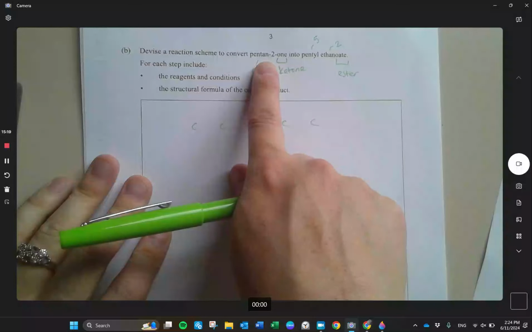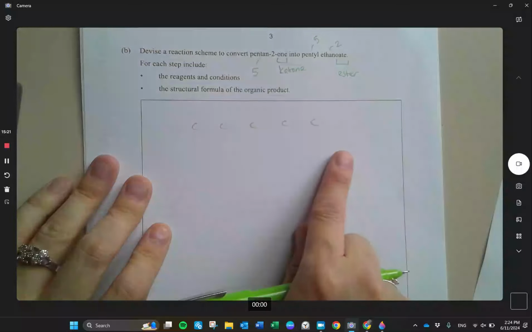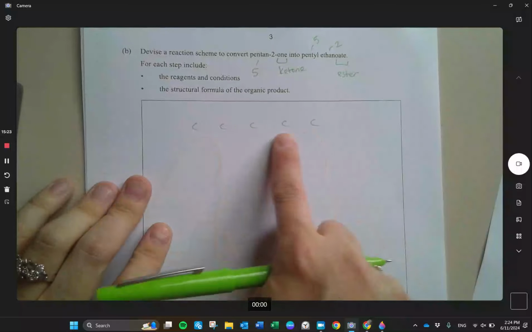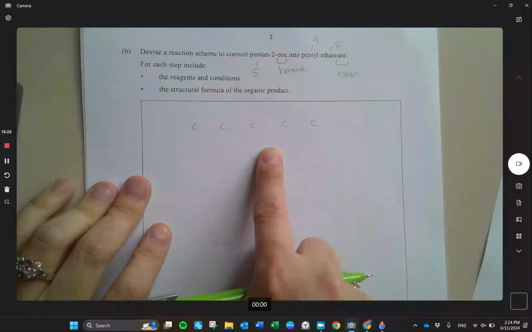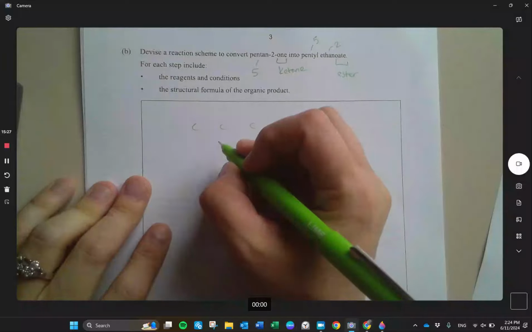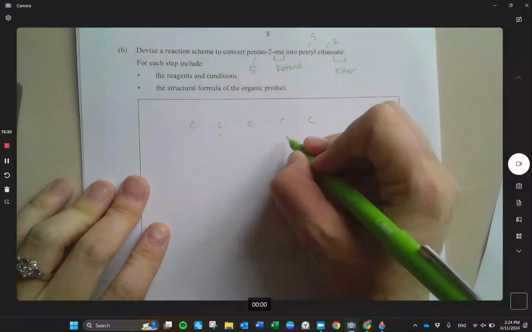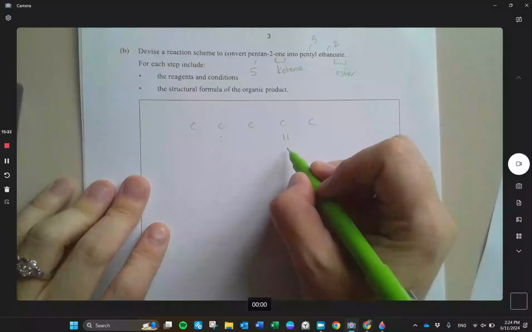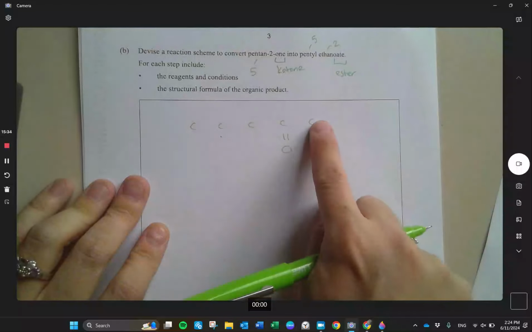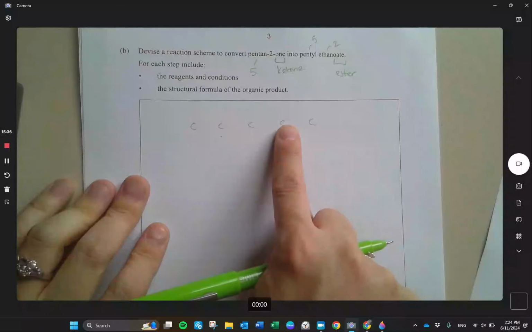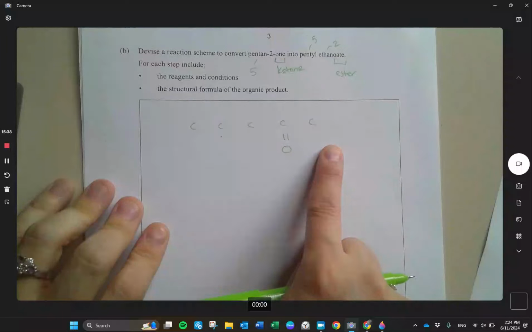Now, it's your choice how you want to number it. You can number it left to right or right to left, but however you number it, you need to number it once. So I'm going to put it over here. Actually, I'm going to put it over here because I like it on that side for some reason. My brain likes it there. So I go 1, 2, that's pent-2-one. Last thing you then do is you fill in your hydrogens because everything needs to add to 4 for these carbons.